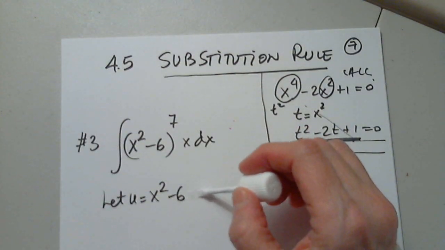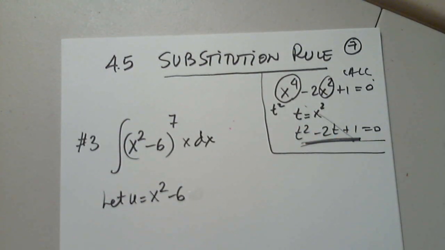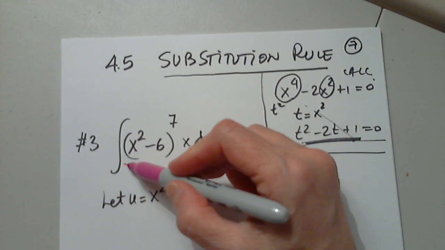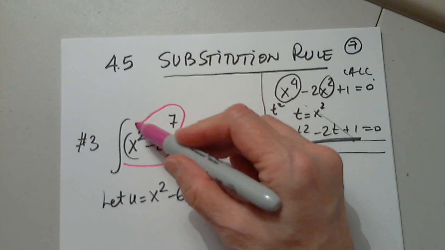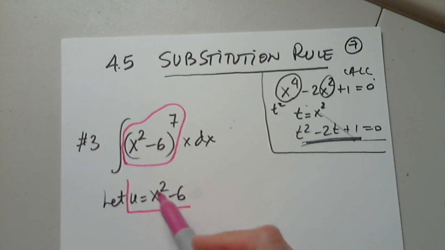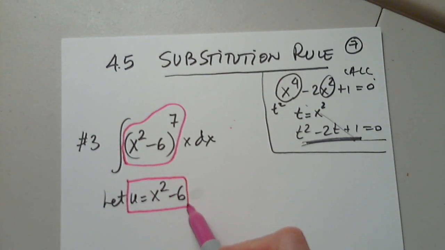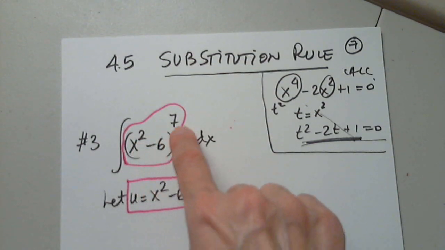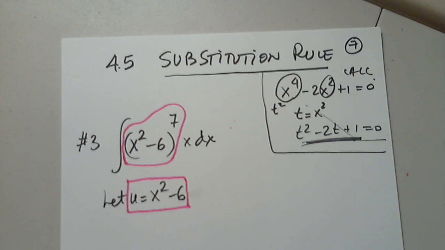So if I use this substitution, this quantity will be replaced by, would anyone like to tell us what this will be replaced by? If I say let u be x squared minus 6, what will I replace x squared minus 6 to the 7th power by?